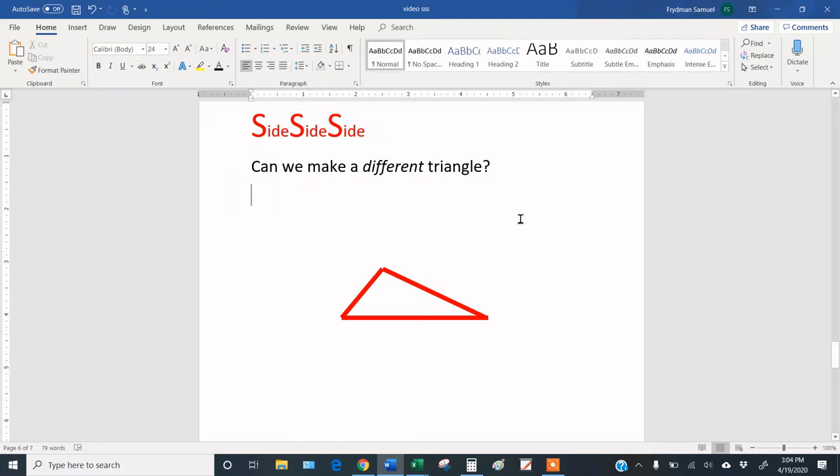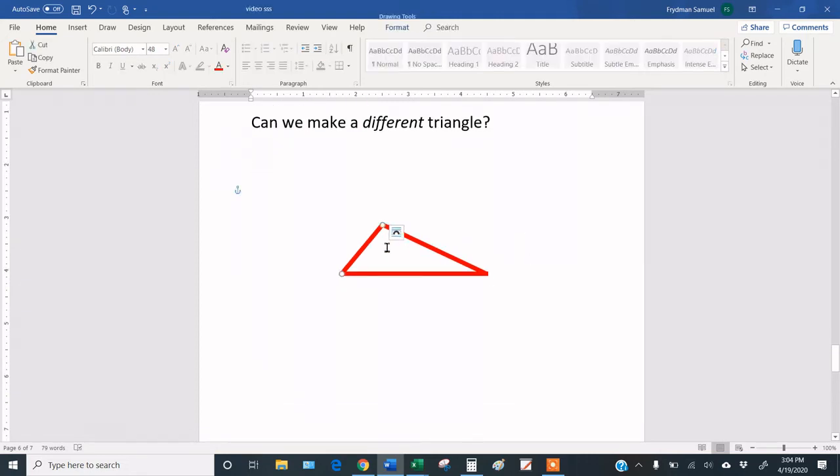All right, so what I'm going to try is, let's take this side here, and even though we're not allowed to stretch it out, make it longer or shorter, since this angle is not locked, we can take this side and maybe just rotate it around like this. And I'm doing my best as I'm rotating it not to change how long it is.